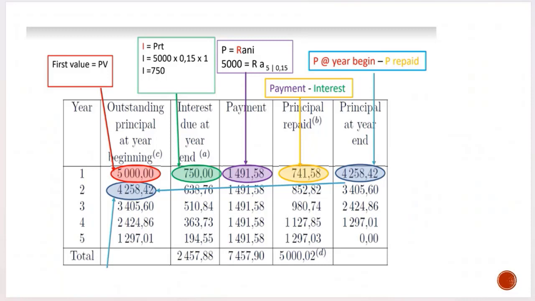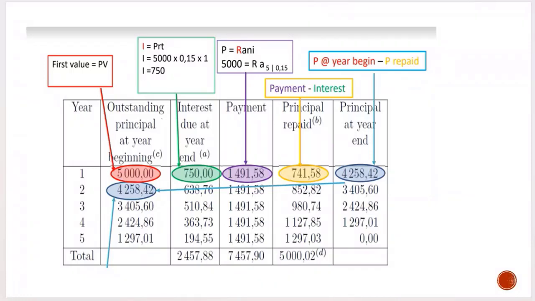You start at the beginning with your outstanding principal. You can put this in Excel, and Excel can get you everything. Here, what is the principal amount?